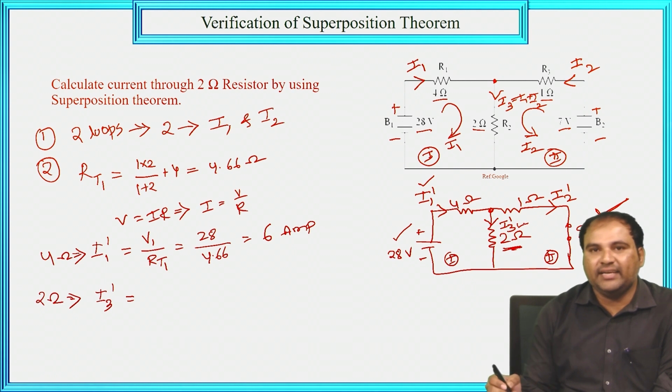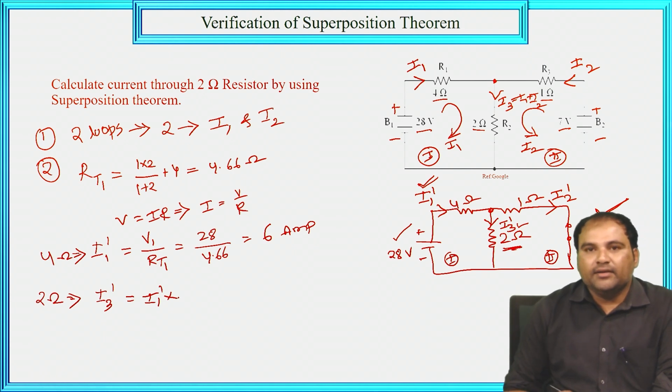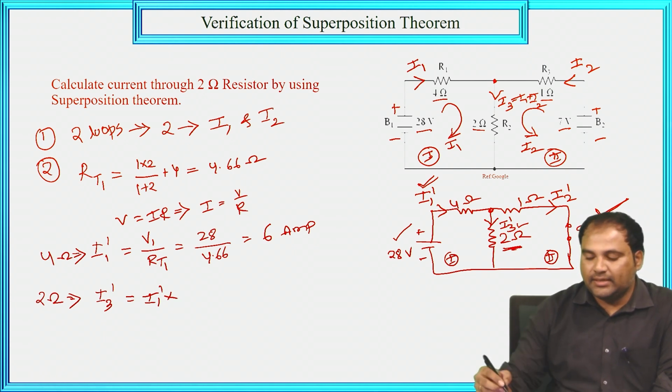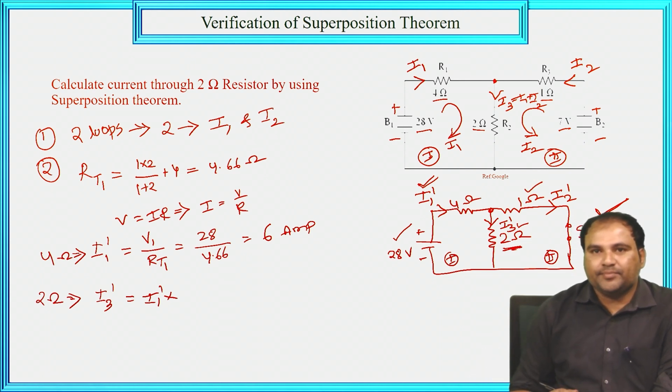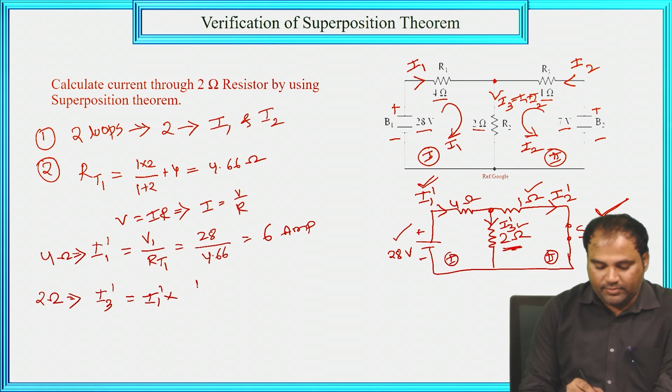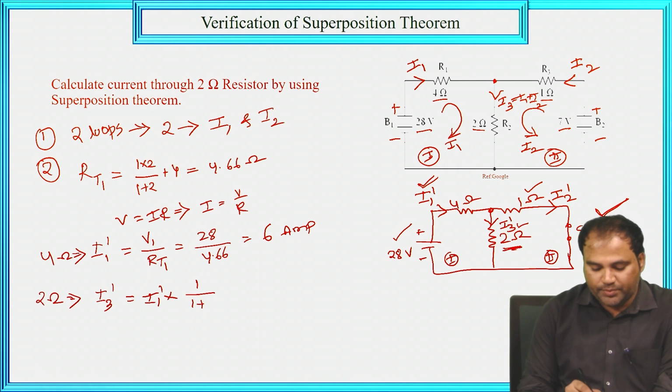So I3 dash is equal to the total current of the circuit, which is I1 dash, into the opposite element of 2 ohm, which is 1 ohm, divided by the algebraic sum of the two elements, that is 1 plus 2.